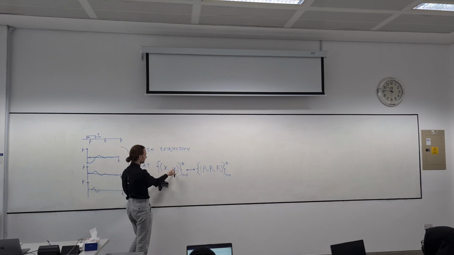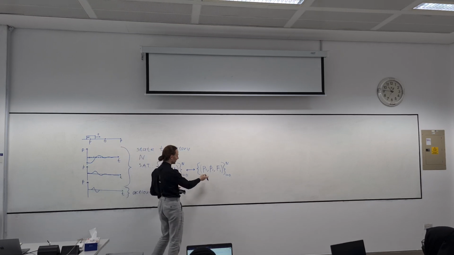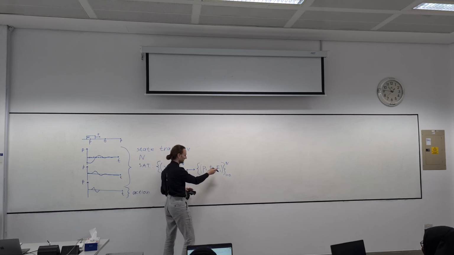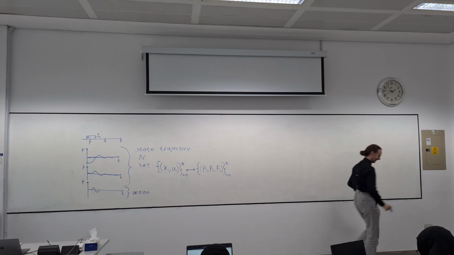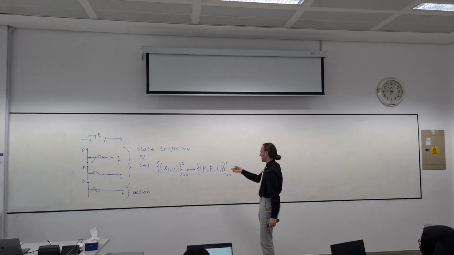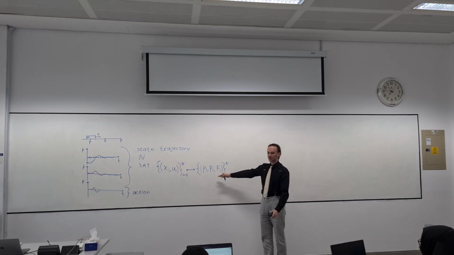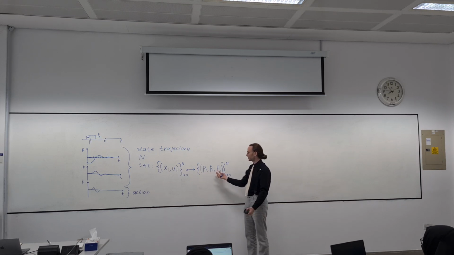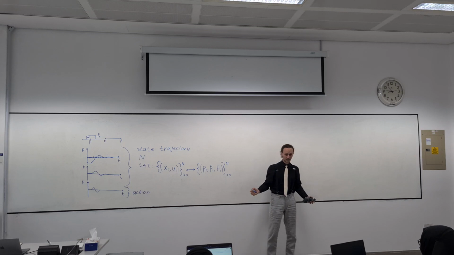The state action trajectory: states and actions, and more specifically, positions, velocities, forces. Is this clear? So for each moment in time, we have the position, the velocity, and the force that we apply, our control. That's it.